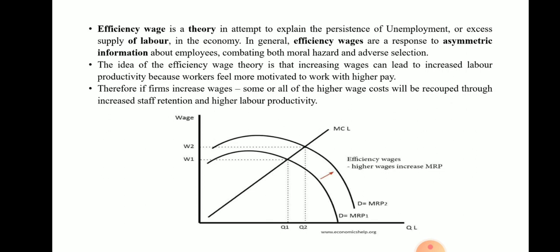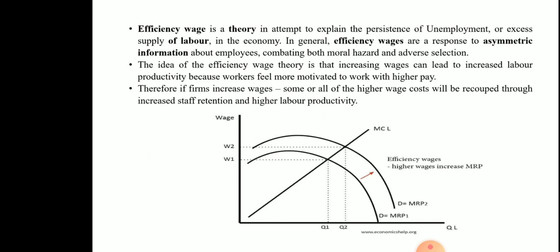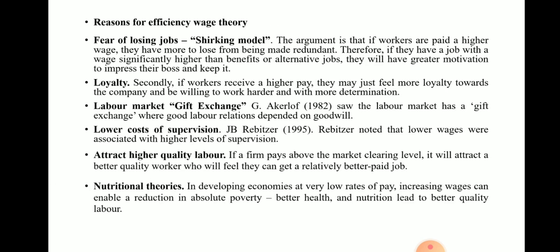Therefore, if firms increase wages, some or all of the higher wage costs will be recouped through increased staff retention and higher labor productivity. This can be explained with the help of the following diagram.